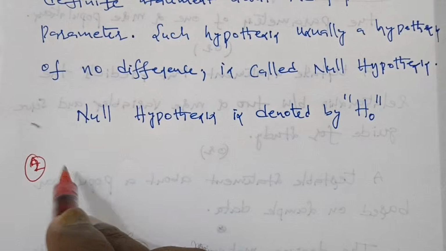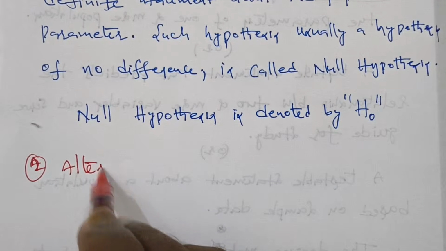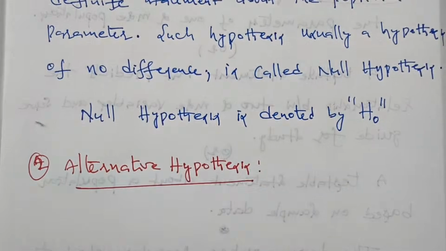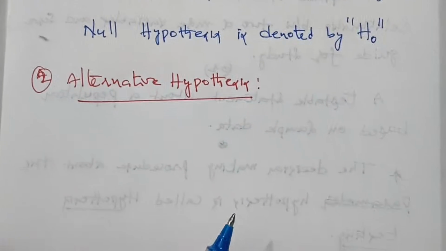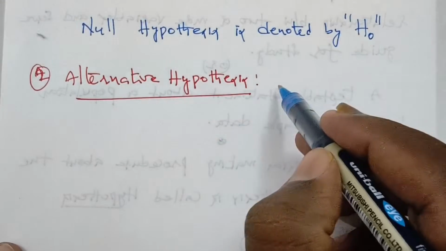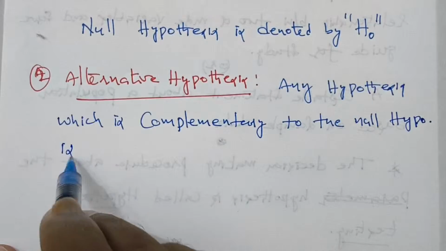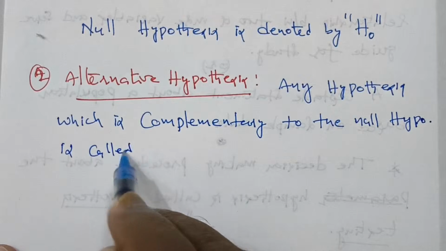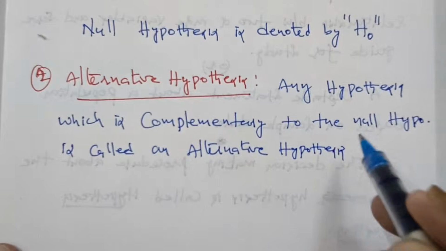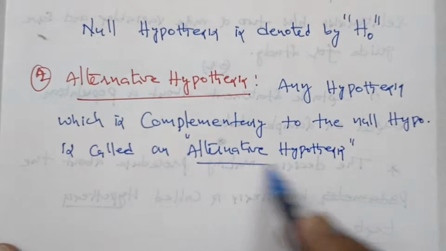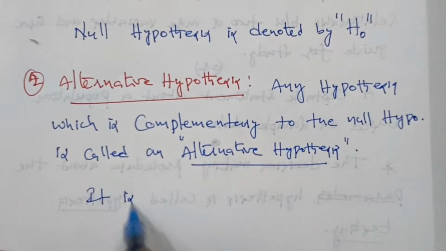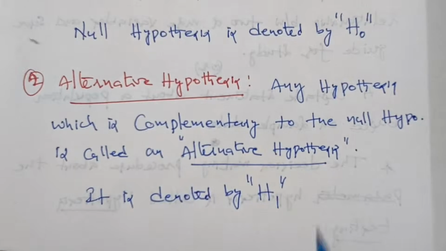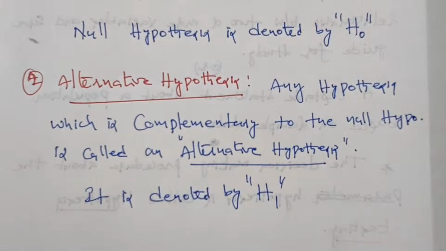Second type of hypothesis is alternative hypothesis. What is alternative hypothesis? Alternative hypothesis means any hypothesis which is complementary to the null hypothesis. It is denoted by H1.